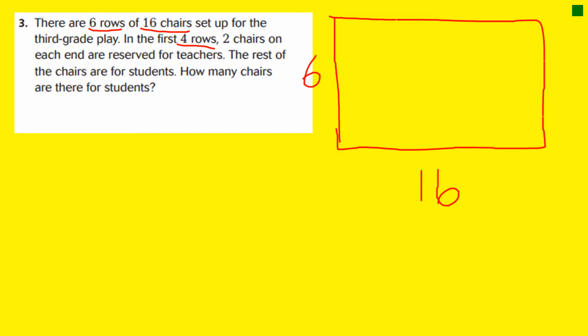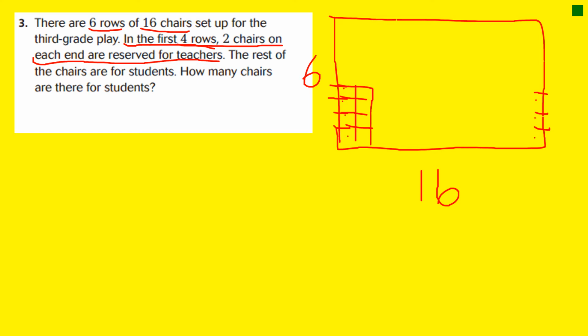So let me see this again. In the first 4 rows, 2 chairs on each end are reserved for teachers. So in the first 4 rows, 1, 2, 3, 4. Okay, those are teacher chairs. And don't forget, it's on each end. 1, 2, 3.